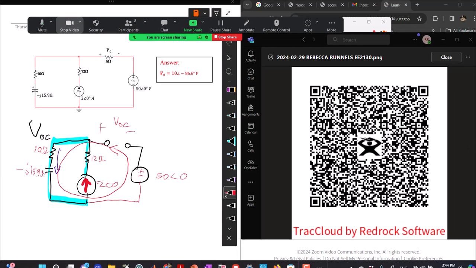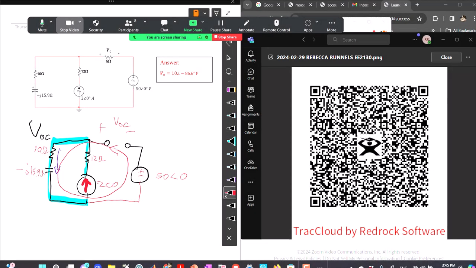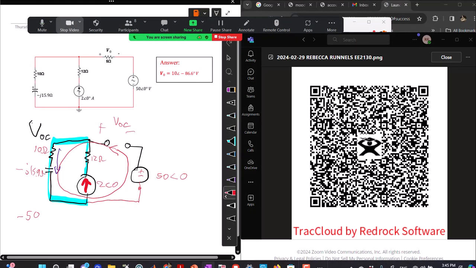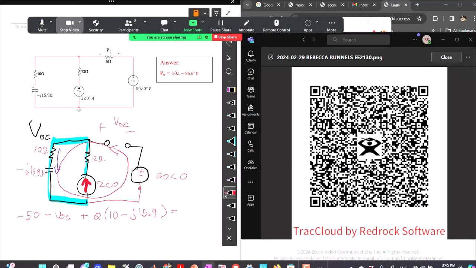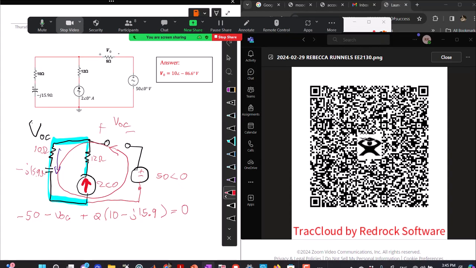So this would be, did somebody say something? No, okay. So this would be starting right here. I'll have minus 50 minus V open circuit plus 2 times 10 minus J 15.9 has to equal 0.